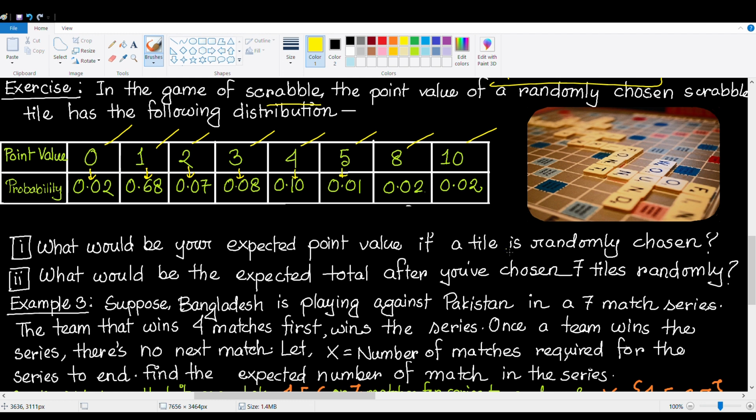So the question is, what would be your expected point value if a tile is randomly chosen? And the next question is, what would be the expected total after you have chosen 7 tiles randomly? I think you can solve it.